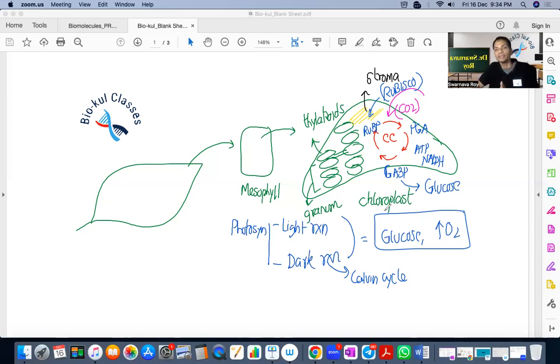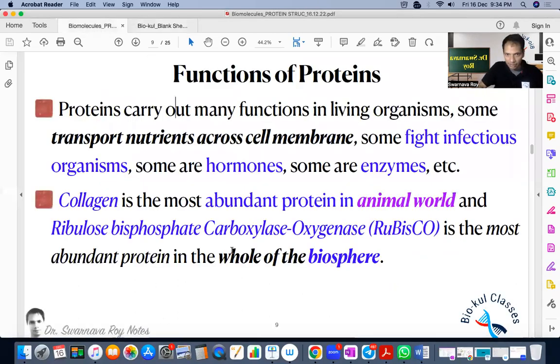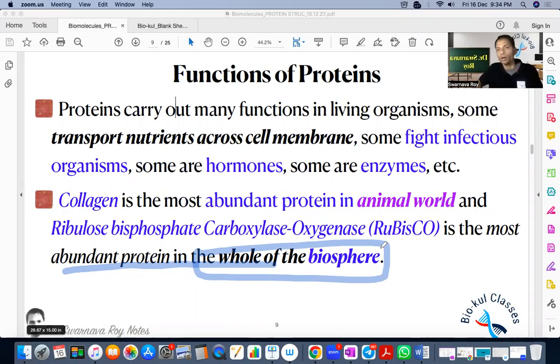In animals, we have collagen. In the case of plants, it is Rubisco, which is the most abundant protein in the whole of the biosphere. What is the biosphere? The biosphere comprises the atmosphere, the hydrosphere, and the lithosphere, and all the living organisms present in these three sectors of the planet.